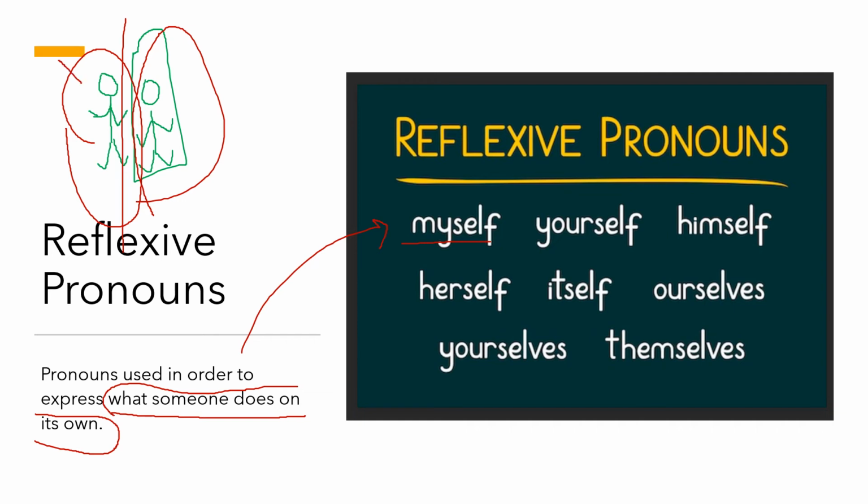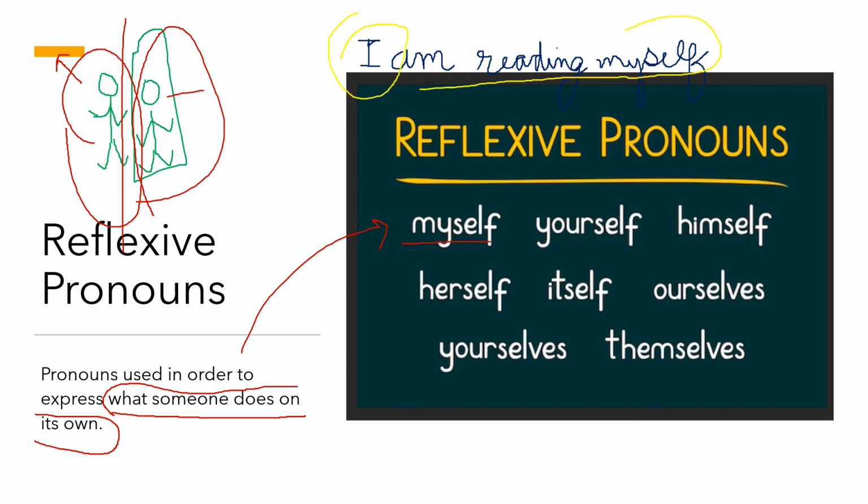So if he says, I read the book myself. Who read the book? This person read the book, and we complete it by saying myself. So the doer of the action is the same person who is speaking in that sentence. If I talk about the sentence over here, it says, I am reading myself.